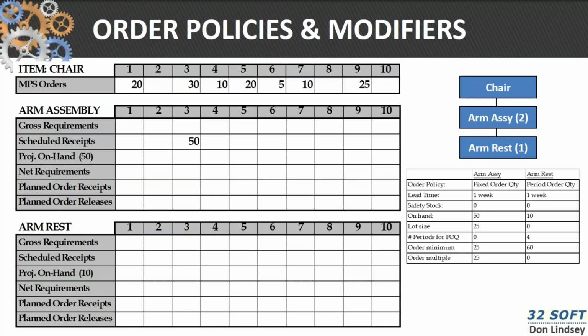We've got a lead time of 1 week. We've got on hand of 50 and 10, lot size of 25. Our period order quantity is 4, and a minimum order quantity is 25 and 60.